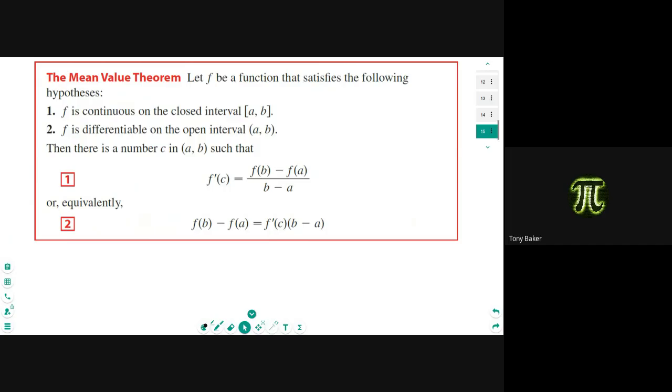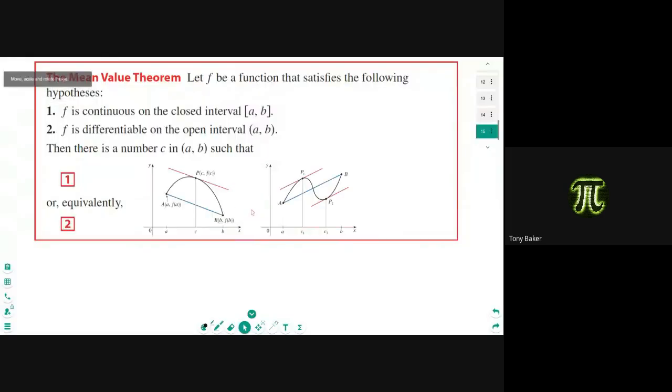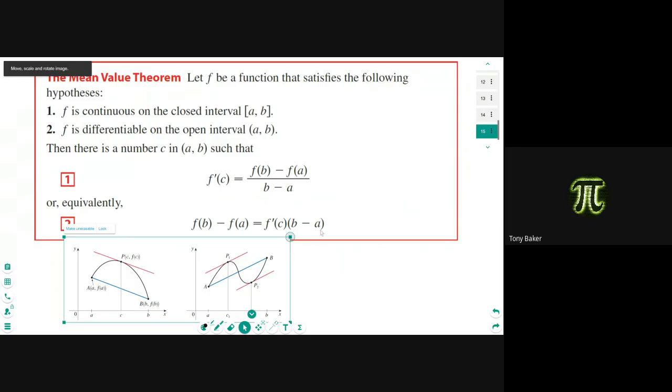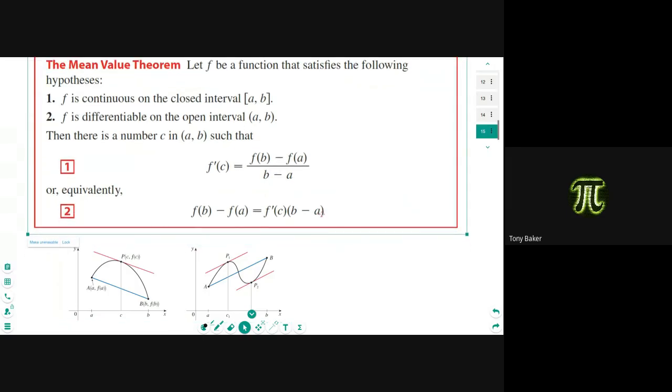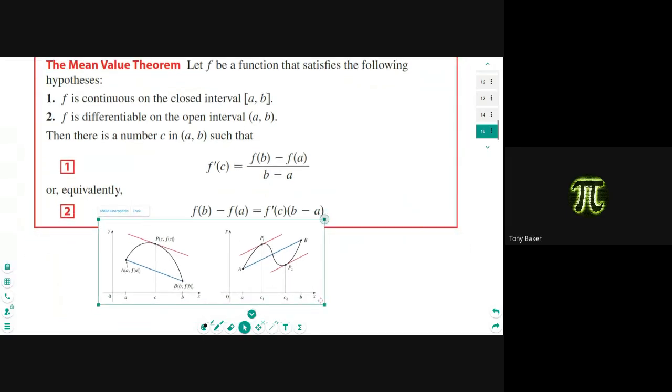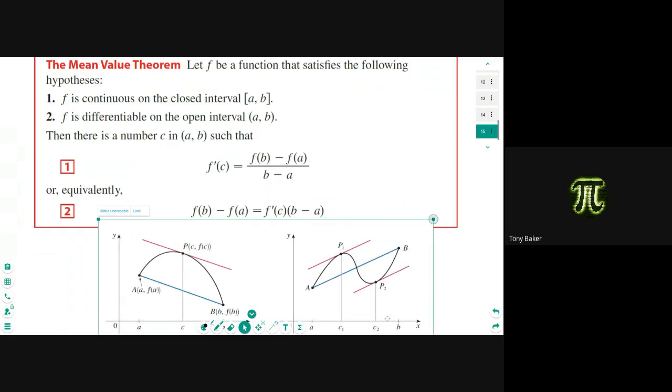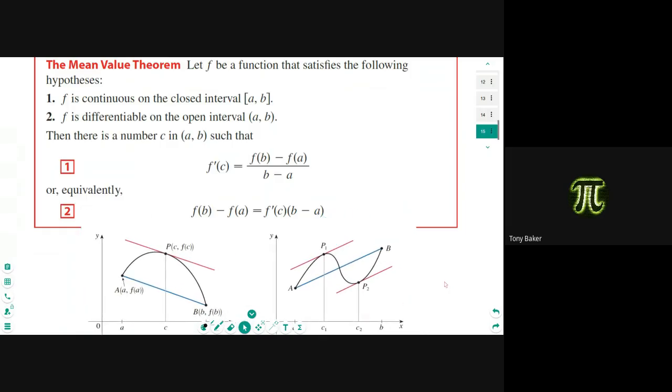So the mean value theorem says that, if f is continuous and f is differentiable, so those two still have to be true.